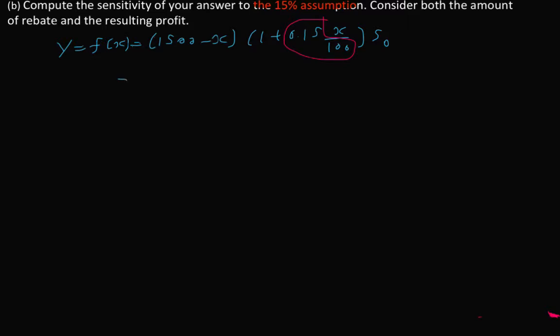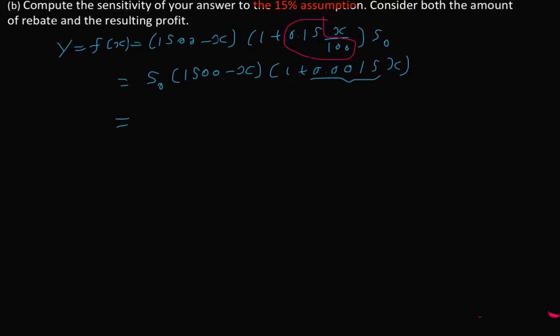Then it can be written as S naught times 1500 minus x times 1 plus 0.0015 x. So we can use this one as a variable now.